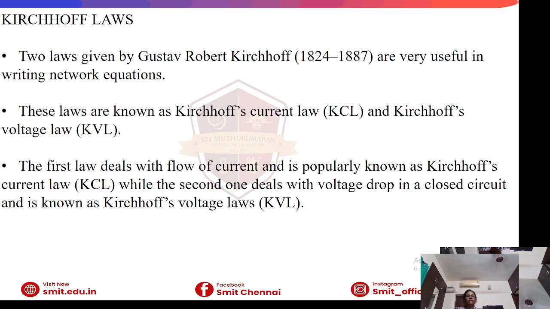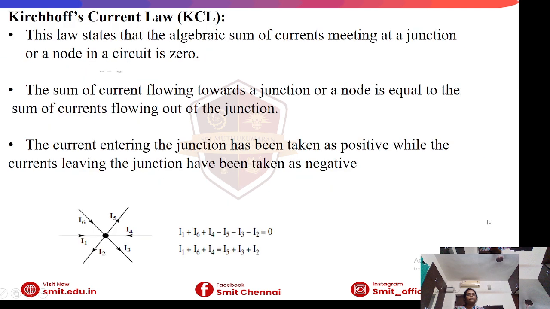The first law deals with flow of current and it is popularly known as Kirchhoff's current law, while the second one deals with voltage drop in a closed circuit and is known as Kirchhoff's voltage law. Let's see Kirchhoff's current law, which is KCL.